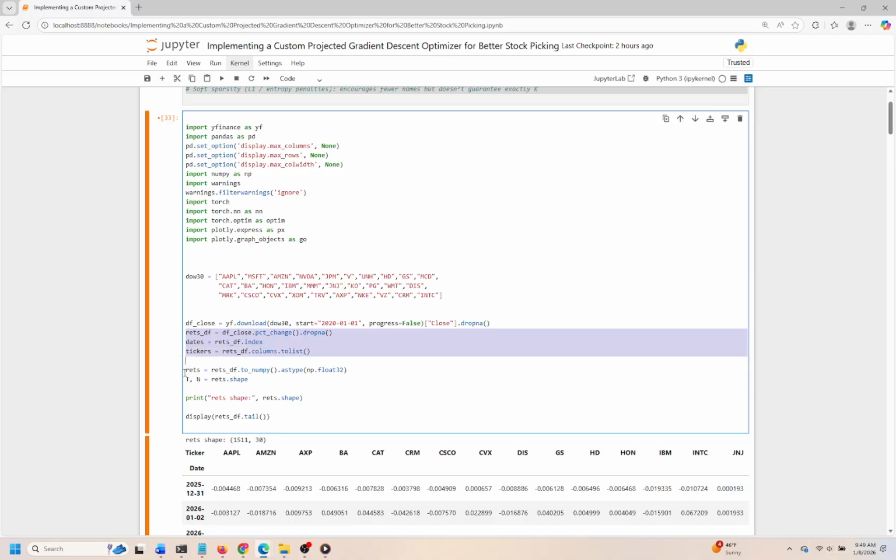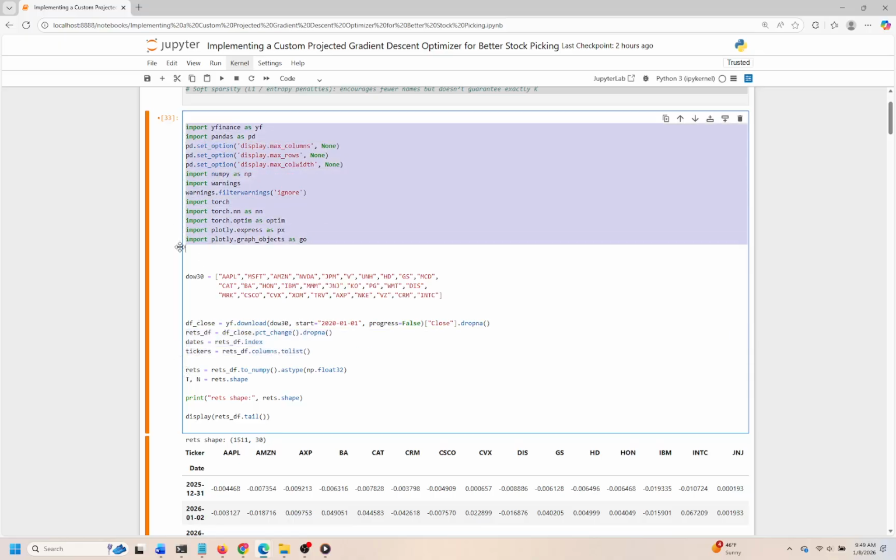We start by importing necessary libraries, such as yFinance for financial data retrieval and Pandas for data manipulation. Additionally, we take some precautions by configuring Pandas to display all columns, rows, and their content without truncation.